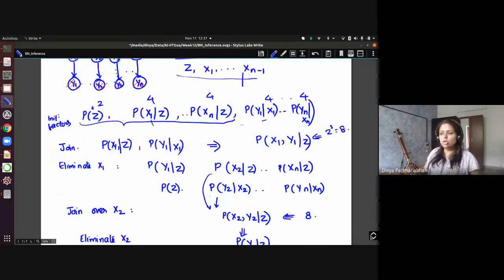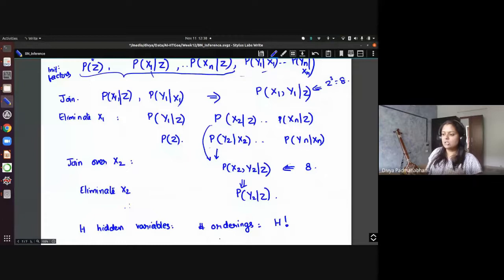This means you don't actually compute all these values; you go through these h factorial orderings and try to see the best. You don't have to compute the tables. Once you've found the ordering, you actually go ahead and compute the tables. So this is the general idea.